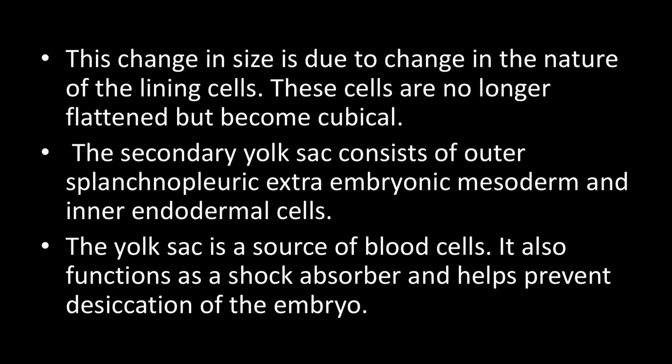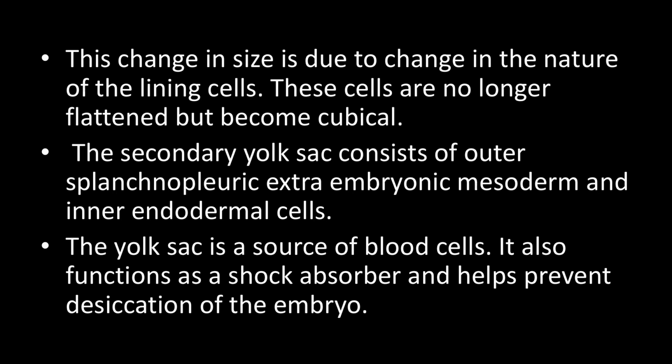The change in size of this yolk sac is due to the change in nature of the lining cells. The lining cells are no longer flat, but now they have become cubical. The secondary yolk sac consists of outer splanchnopleuric extraembryonic mesoderm and the inner endodermal cells. The yolk sac is a source of blood cells, and it functions as a shock absorber and helps prevent desiccation of the embryo.